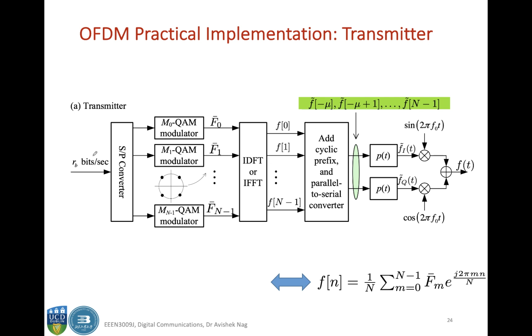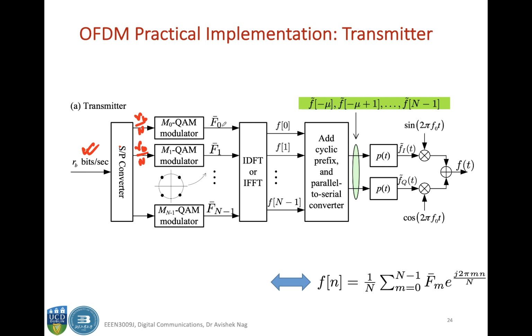Let's say your signal is R_B bits per second. You do a serial to parallel conversion to generate N tributaries, each of bit rate R_B by N, and each of them is modulated, or mapped basically, onto a symbol from a different QAM constellation.